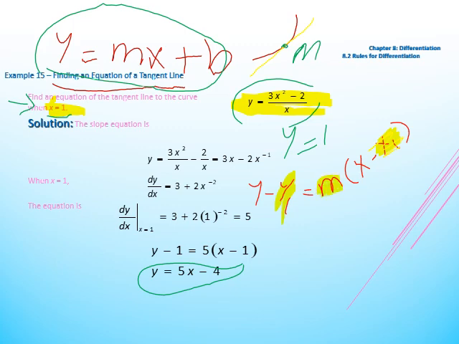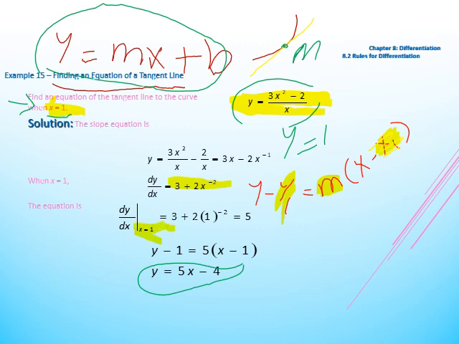We can get the value of this unknown by substituting x1 in the first derivative of this function. So we get the first derivative of 3x squared minus 2 over x, which means 3x squared over x, which is 3x, minus 2 over x. So the first derivative will be 3 plus 2x to the power negative 2.